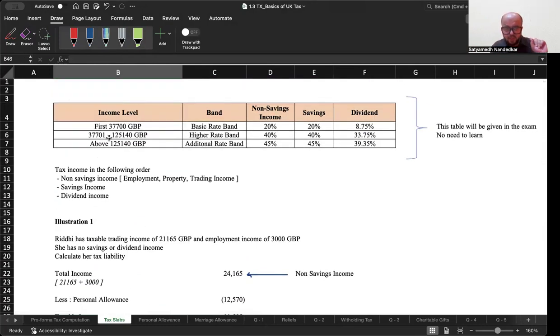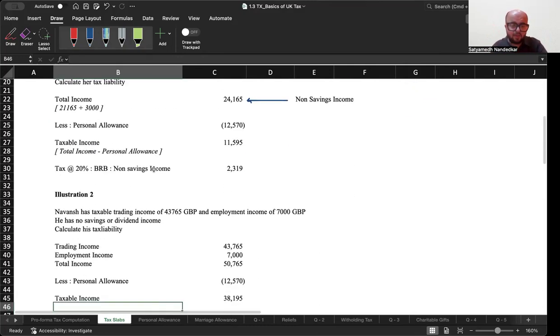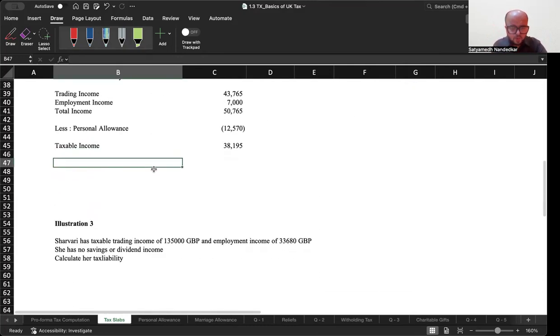Now look at the slab rates. If your income is between 37,701 and 125,140, then you are in the higher rate band. So now pay attention to how exactly I am calculating the income belonging to this person. 0 to 37,700 is the basic rate band.